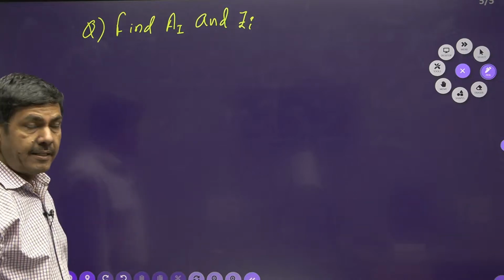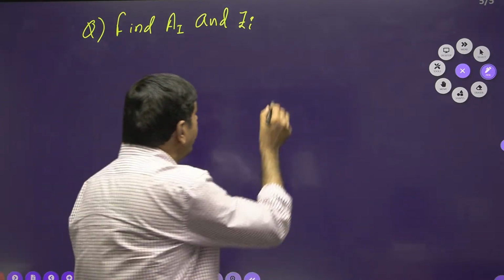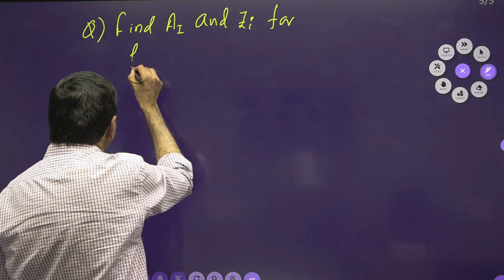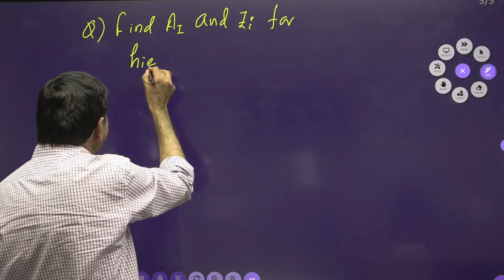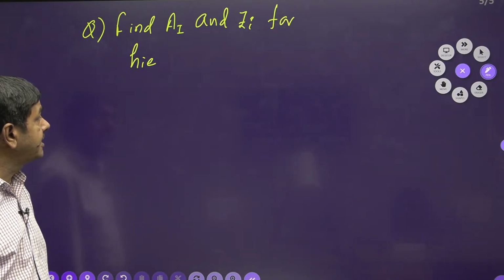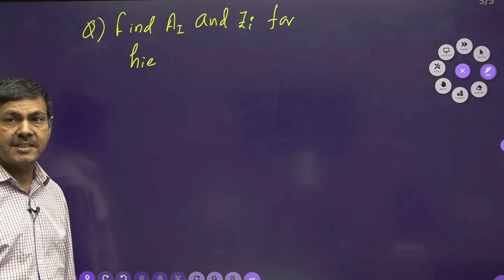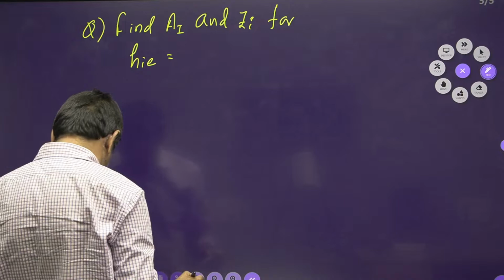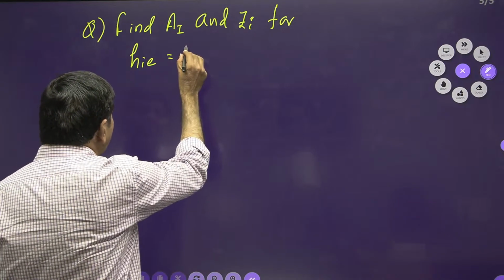AI and Zi values are required. HIE: E indicates common emitter configuration; B given means HIB, common base; HIC means common collector configuration. HIE is given in the problem as 1K, 1 kilo ohm.